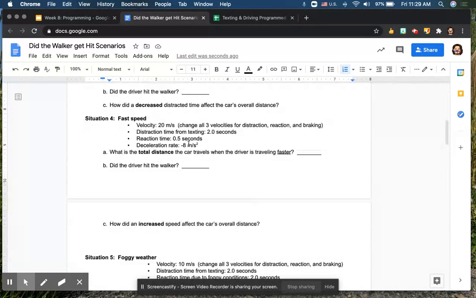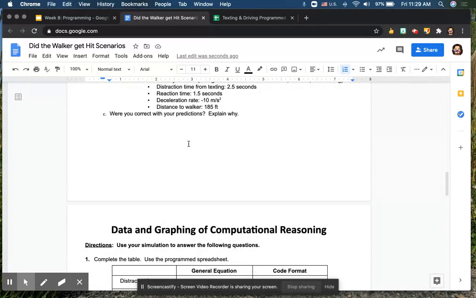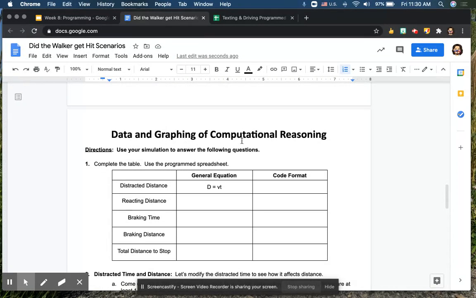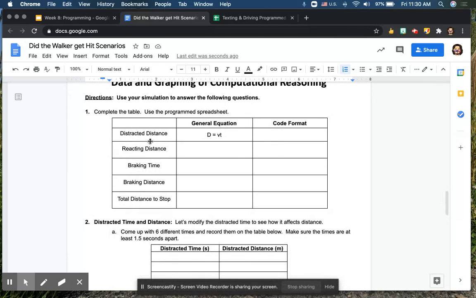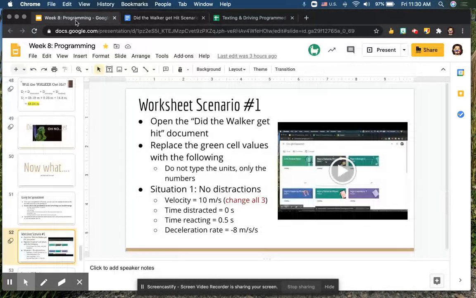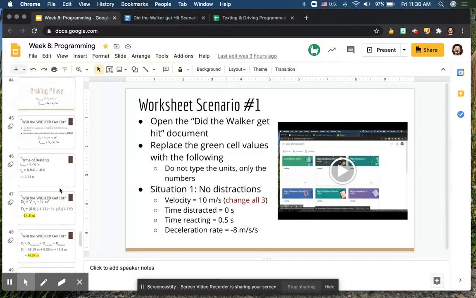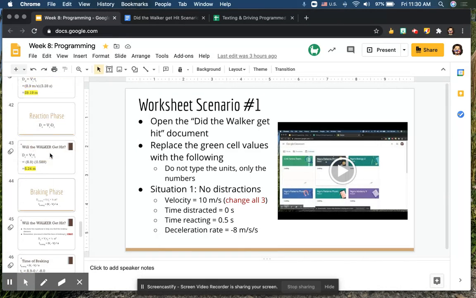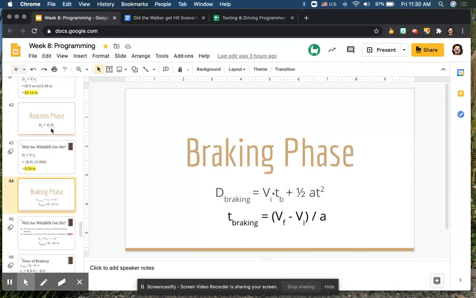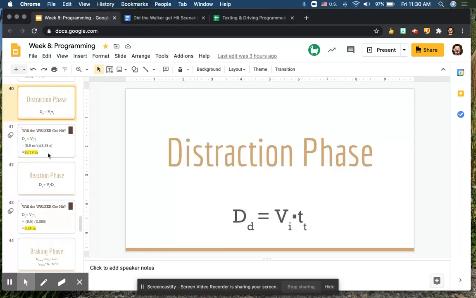Now, scrolling down to the bottom part, where it's data and graphing of computational reasoning, distracted distance, d equals v times t. So distance equals velocity times t is my general equation, or my science equation. I can find these different equations on my slides for today. They are all in these different areas of braking, reaction, and distraction.